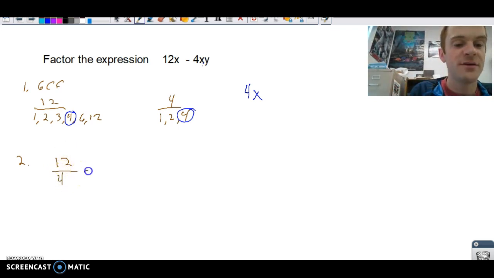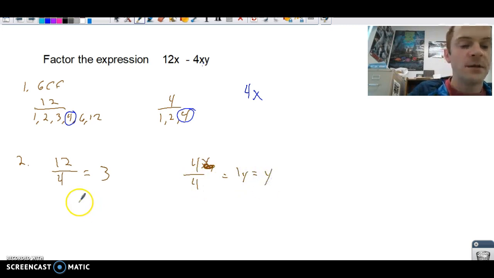So 12 divided by 4 is 3. 4y divided by 4 is 1y, which is the same thing as y. Alright, so step 3 then is I'm rewriting this.